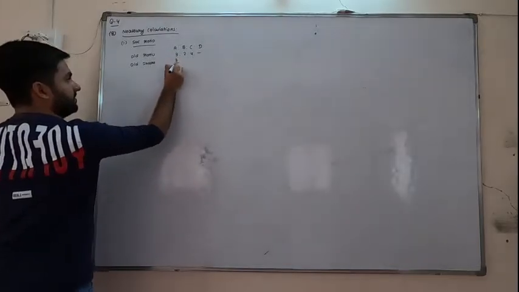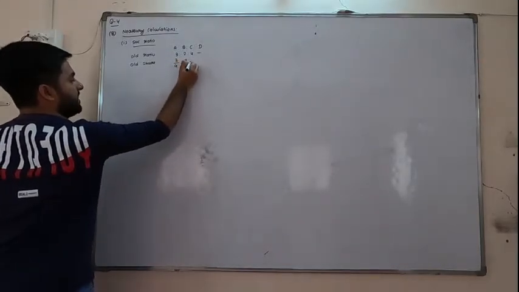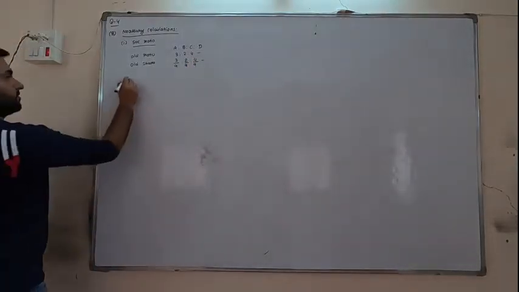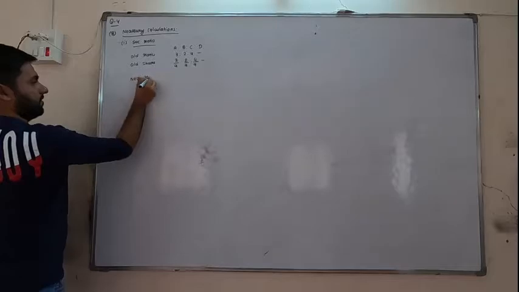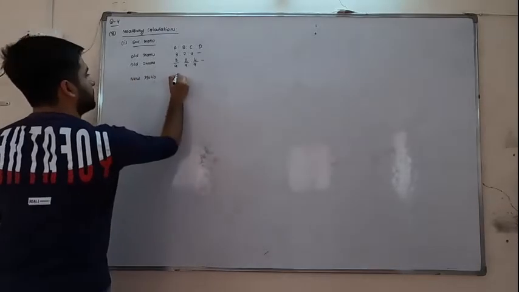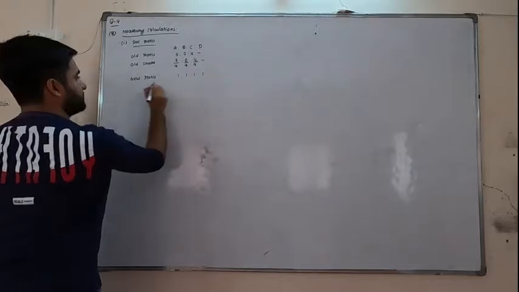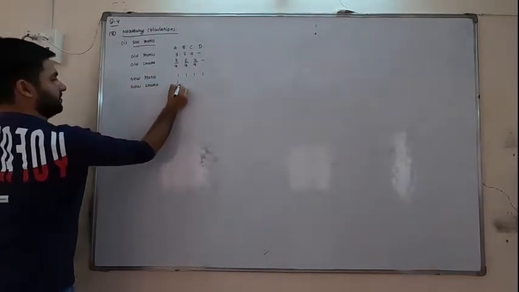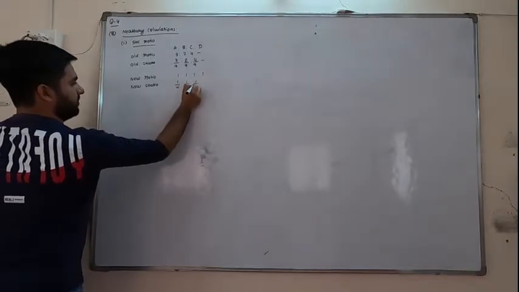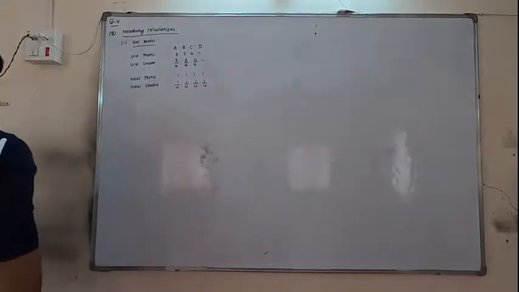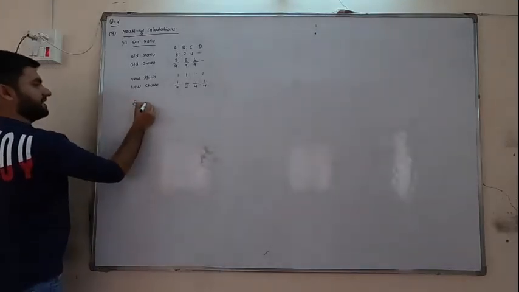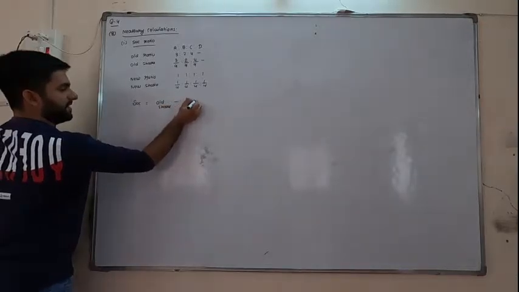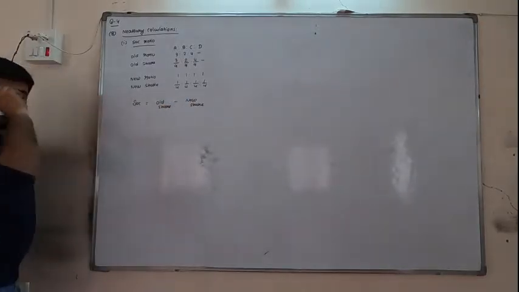Old share 3/9, 2/9, 4/9, nil. Now new ratio 1 is to 1 is to 1 is to 1. New share 1/4, 1/4, 1/4, 1/4. Now sacrifice is equal to old share minus new share.